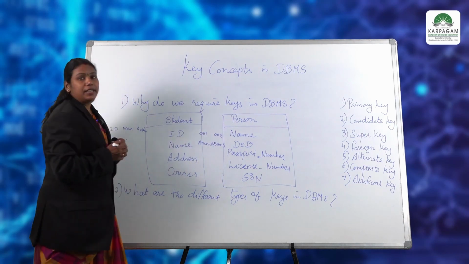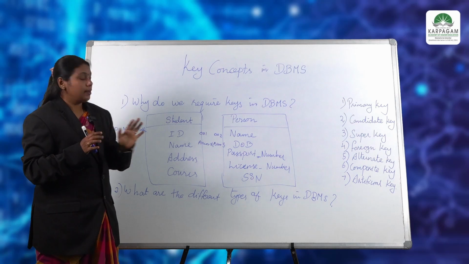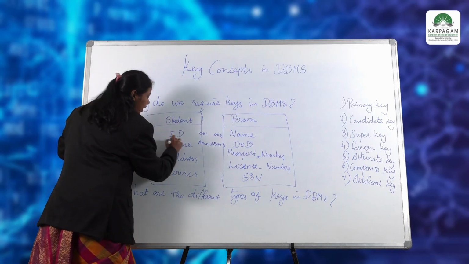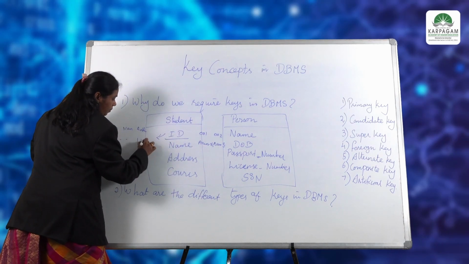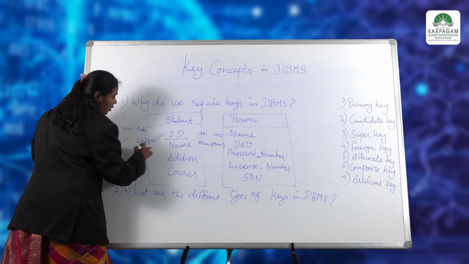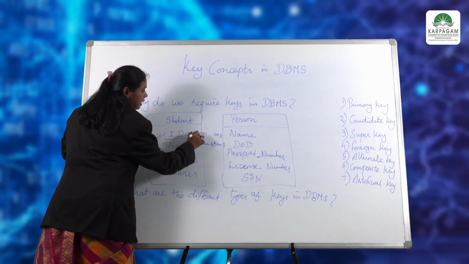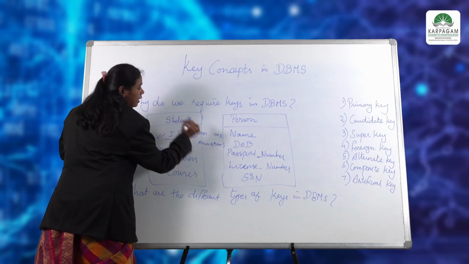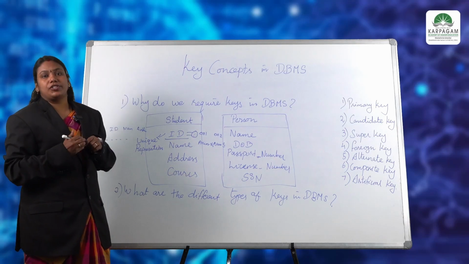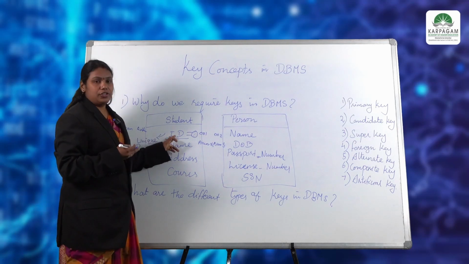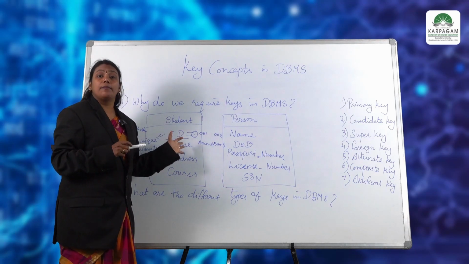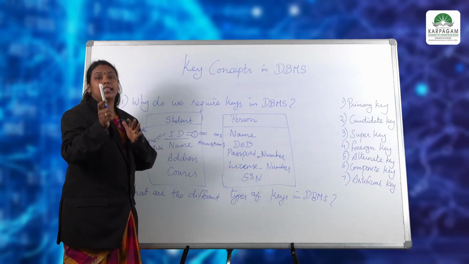So these are different IDs, and this is called a unique representation. In a table, a unique representation is called a key. So we set the keys for unique representation, which is also helpful for representing other tables.